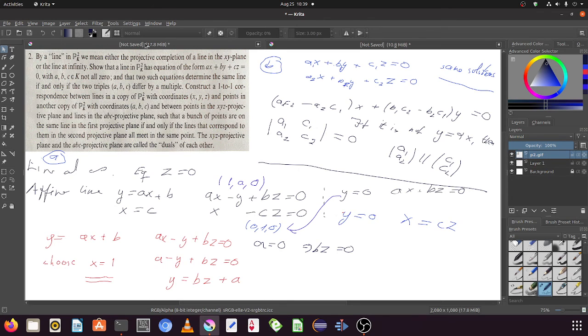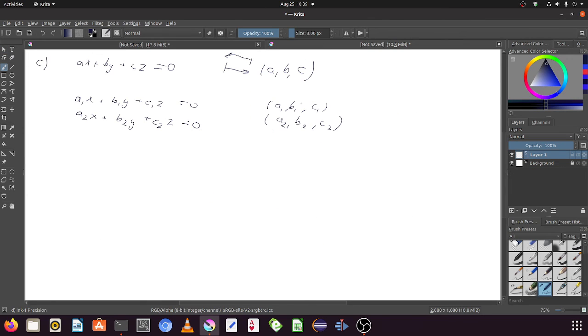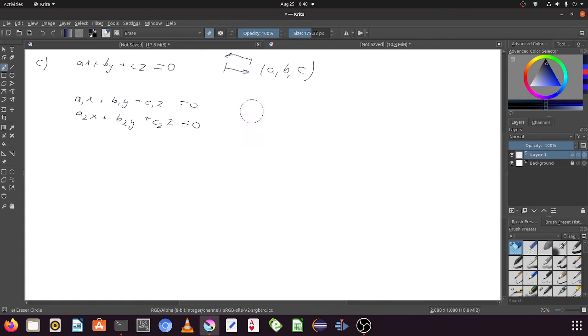Oh, so I did it a little wrong. So these points should lie on the same plane. No, these points should lie on the same line. There we go.